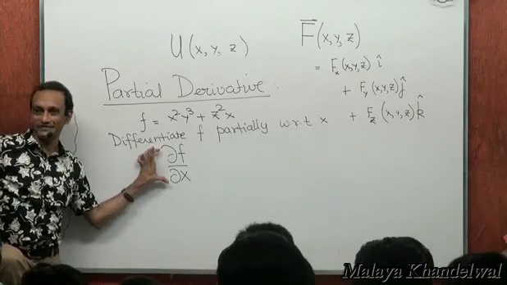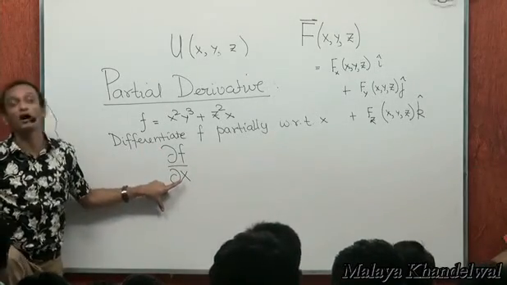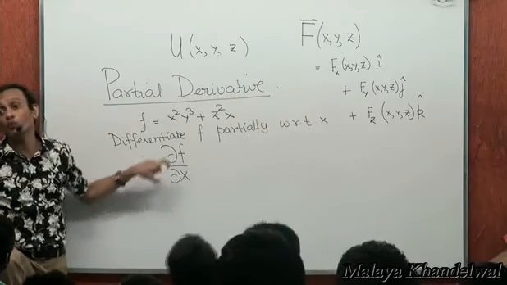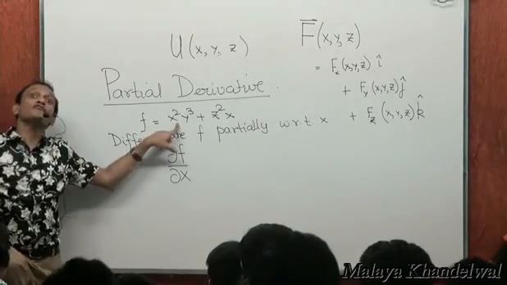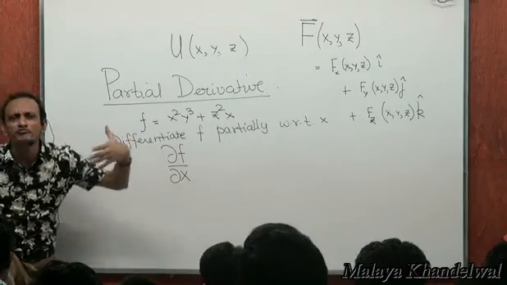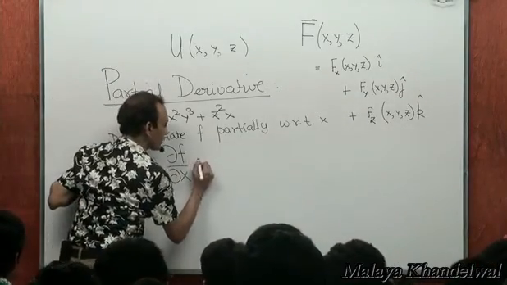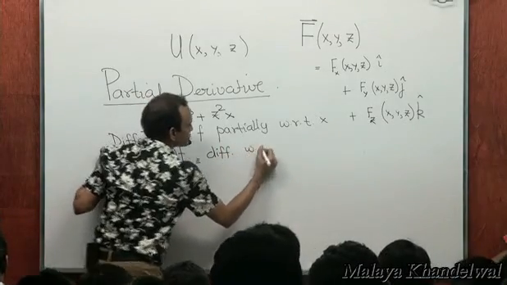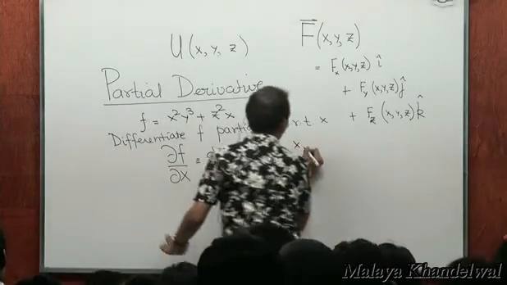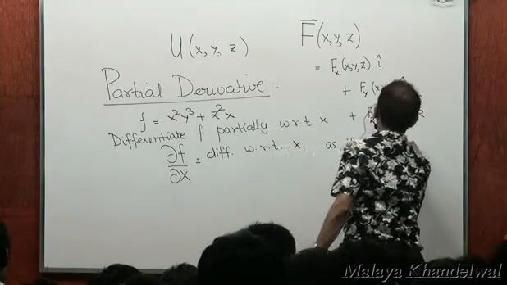Understand this, however. Differentiate f with respect to x partially is written as dou x of f. It means differentiate f with respect to x as if y and z are constants.